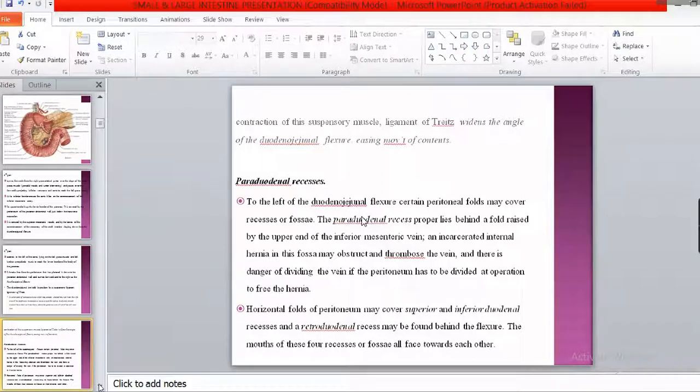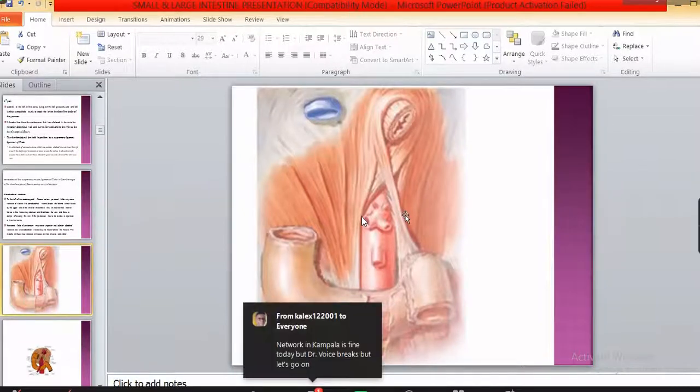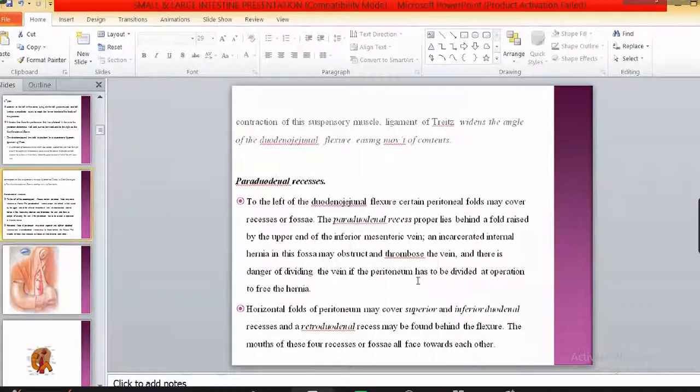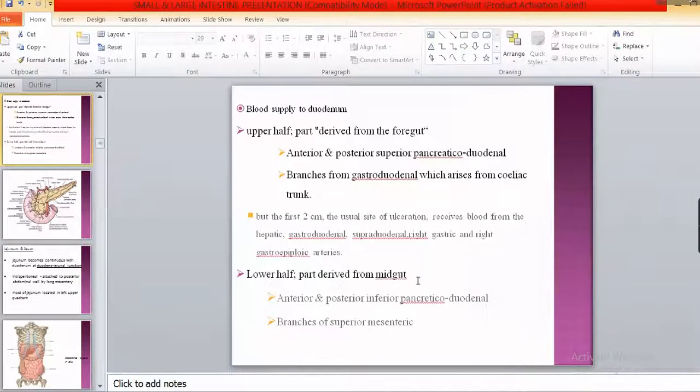So let's go to the next image here. We still get to see the suspensory ligament of Treitz. It gets fibers from the right crus of the diaphragm, and its main function is to hold open the duodenojejunal junction such that its contents can flow out.